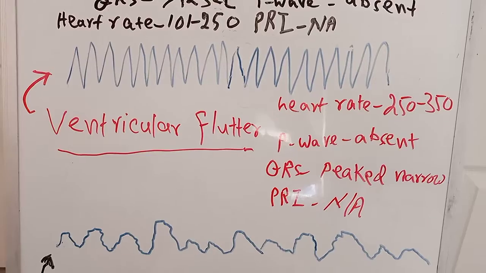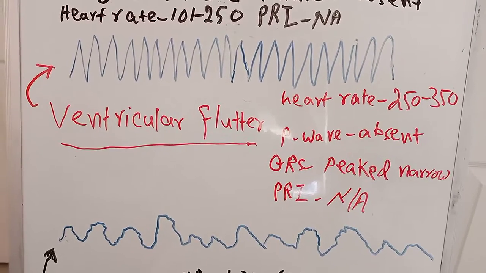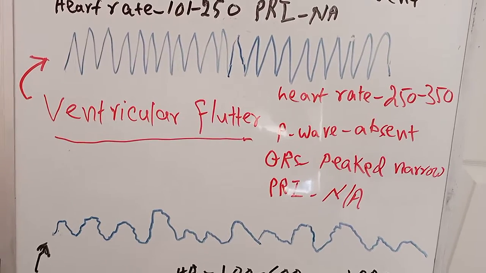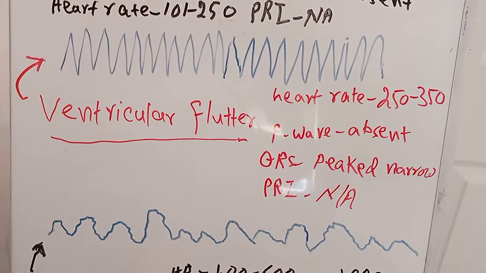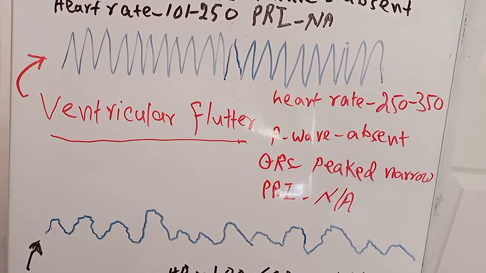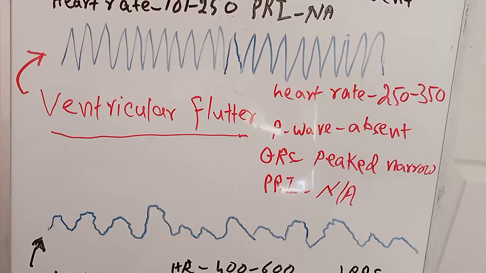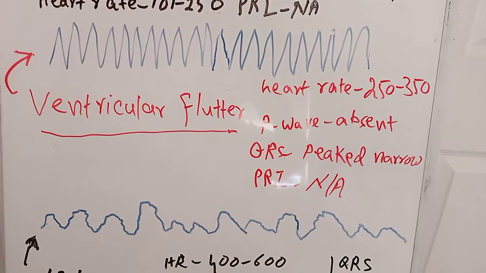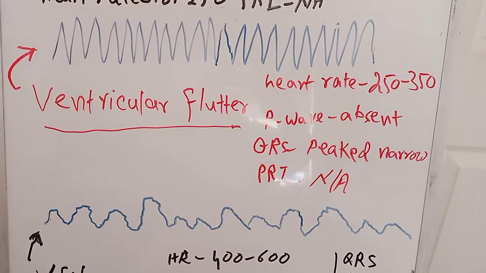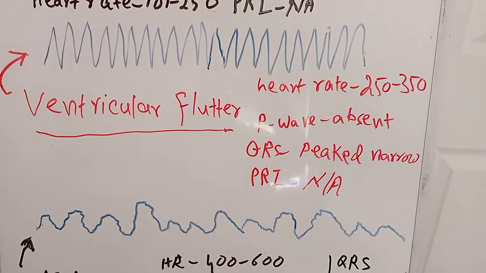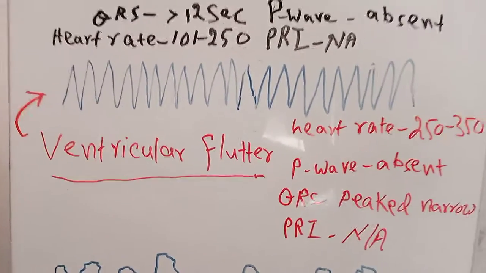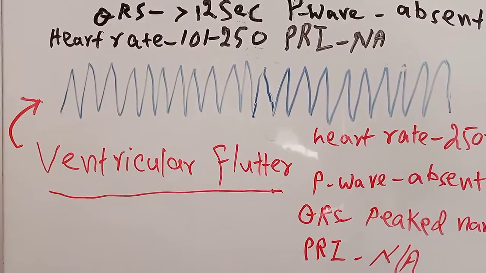As I told you, the heart rate is 250 to 350. QRS complexes are peaked, narrow, and there is no P wave. As there is no P wave, the PR interval cannot be detected. So this will be the picture of ventricular flutter.